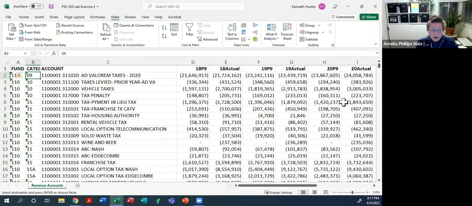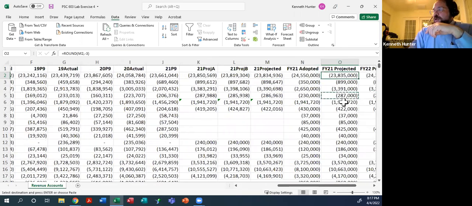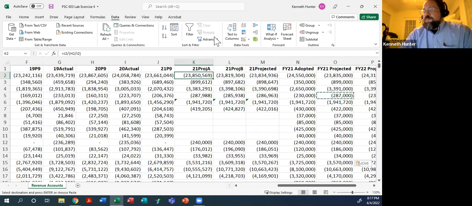Could you just quickly review the KLM equations? Yeah, sure. So for K, you see up here, K equals J2 divided by, and then in parentheses, H2 divided by I2, and then close parentheses.